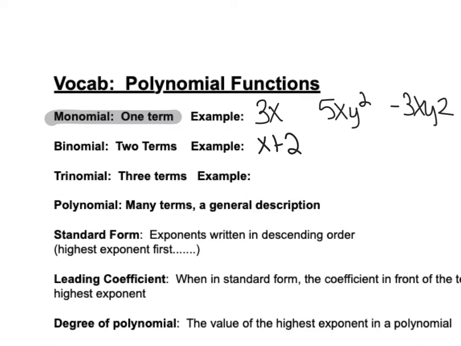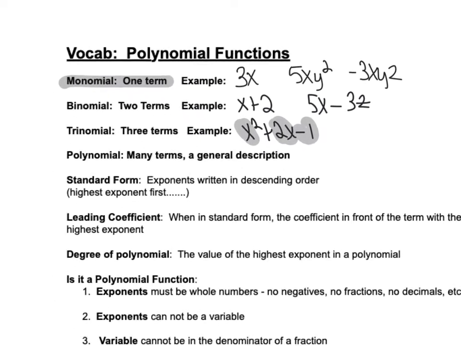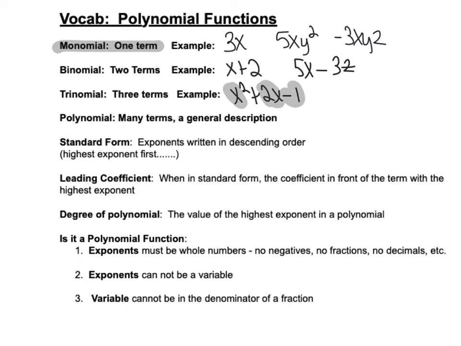It has two terms. 5x minus 3z, that is a binomial because it has two terms. A trinomial would have three terms in it, so you'd have x squared plus 2x minus 1. That has 1, 2, 3 terms in it, separated by addition and subtraction. A polynomial is just our general description of any number of terms.